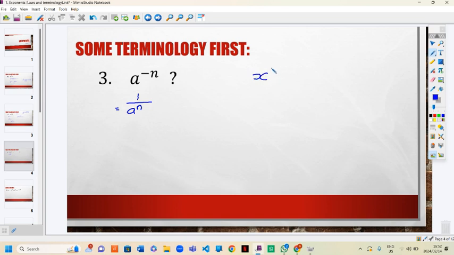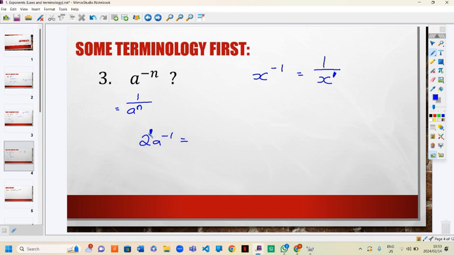Let's have another example here. If I had x to the power of negative 1, what would that be? If I take this to the denominator, my positive exponent now is positive 1, and I've got a numerator of 1. What would happen if I had 2 a to the negative 1? 2 has a positive 1 exponent.